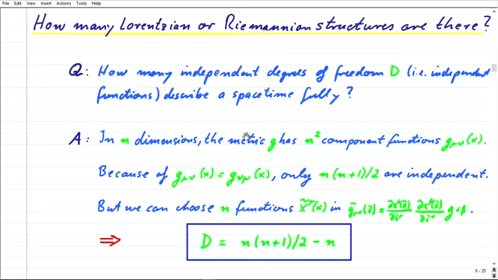Concretely, let's ask, in a metric, how many of the component functions of a metric tensor are really independent? How many can I choose independently? What I mean by that is, imagine your task is to cook up a beautiful new space-time. So you write down a g mu nu of x.